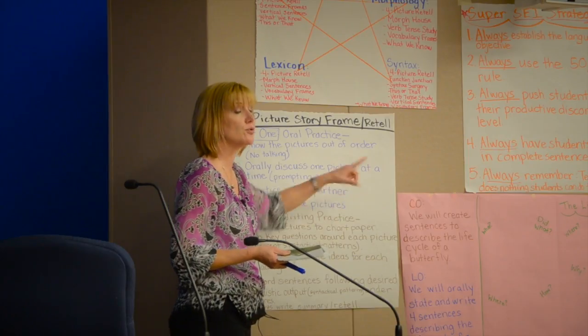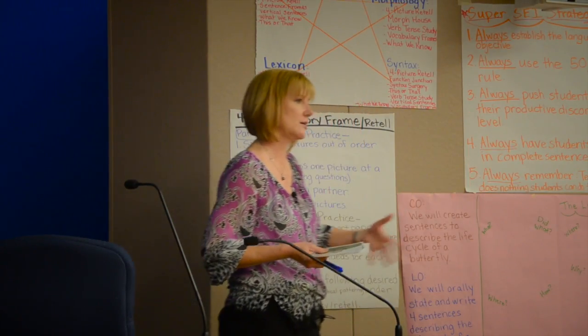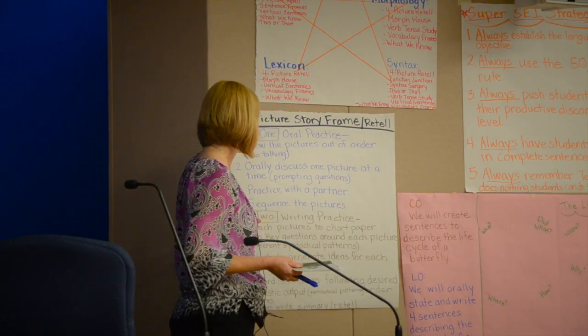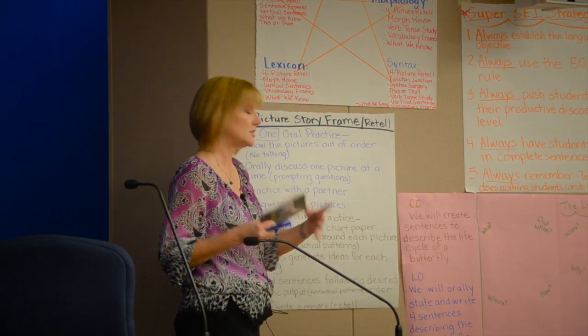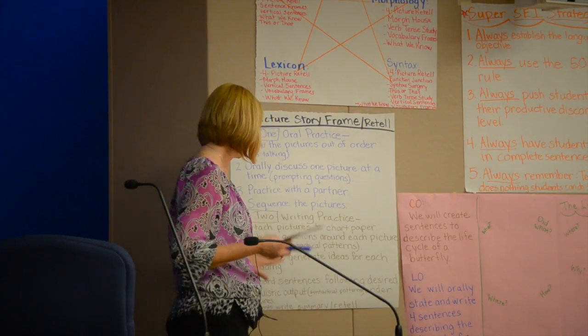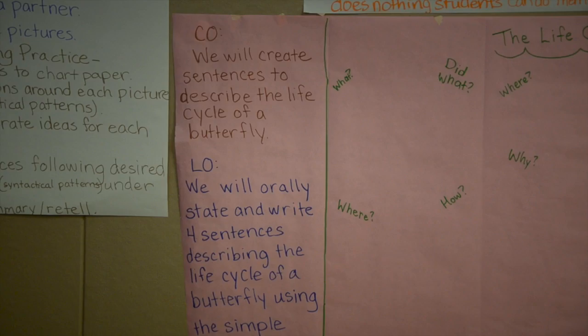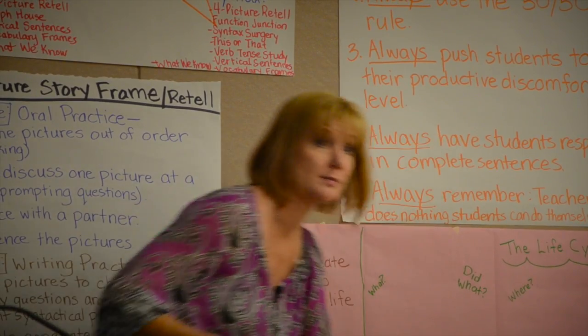That's where you use your prompting questions to get kids to pull out more adjectives, nouns, and verbs. Then they practice with a partner orally talking about each of the pictures, and then you sequence the pictures. So that's the oral part. Then the written part is when we attach the pictures to the chart paper, write information about each of the pictures, and then use that information to create sentences about the pictures.